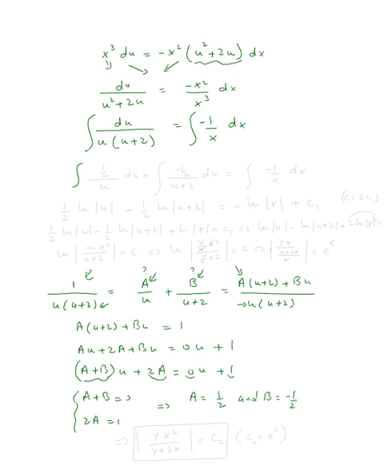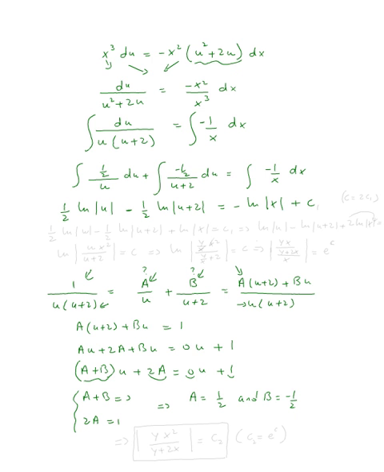So now we have the integral, the a is 1 half, so 1 half over u du plus the integral of negative 1 half over u plus 2 du, and this is equal to the integral of negative 1 over x dx. Now this is pretty easy. 1 half ln of u minus 1 half, taking the negative 1 half outside, ln of u plus 2 is equal to minus ln of x plus some constant.